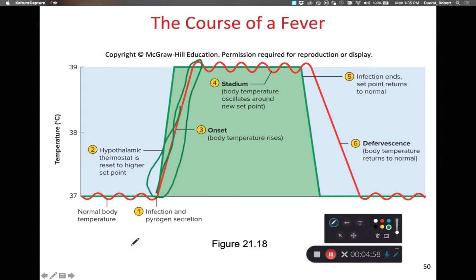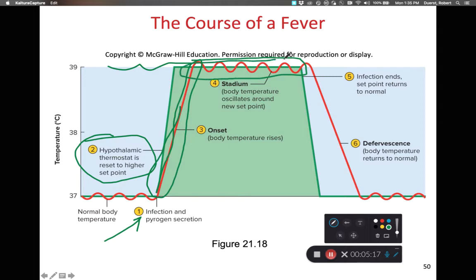Before the body temperature can increase, we need to introduce the pyrogen, and the pyrogen needs to travel to the hypothalamus and turn up the thermostat, so to speak. After onset, body temperature has been elevated, and it typically fluctuates just a little bit. This is called the stadium phase of fever, where the body temperature remains elevated and oscillates around the new set point.